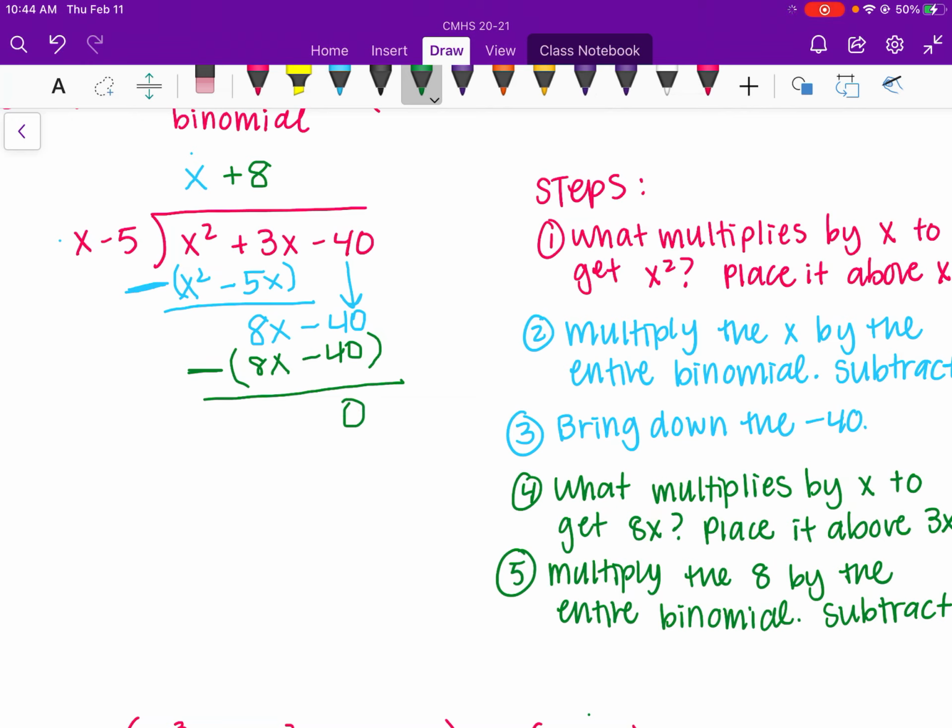So that 0 is our remainder. You guys remember that word? Remainder, which means what's left over, is 0. So our answer is up here: x plus 8.